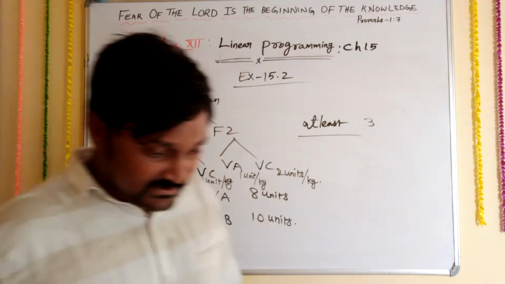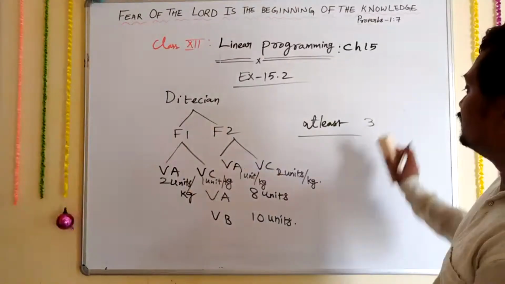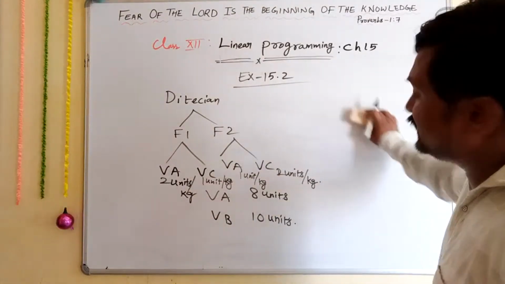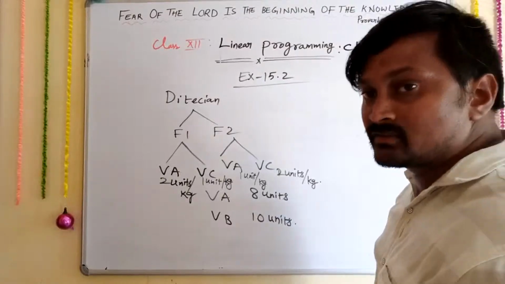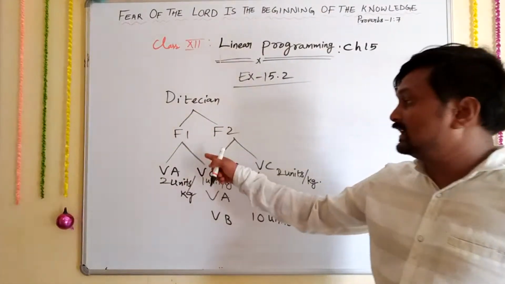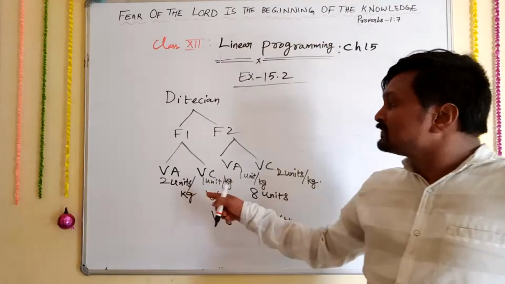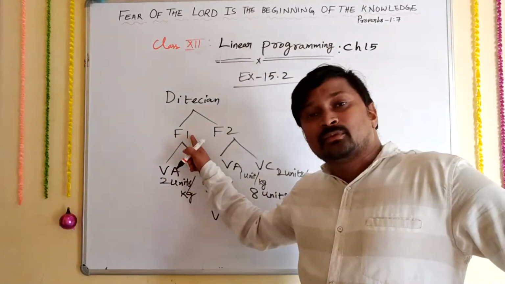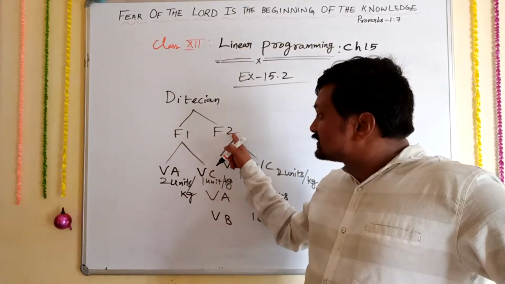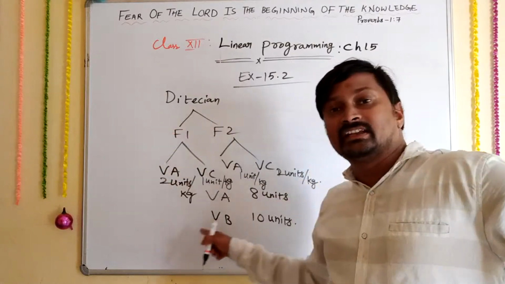For that purpose, let me start here. What is the meaning of at least? I hope you all understood. If you have understood at least, then we can go on. See here, carefully observe. How many kgs of food one and how many kgs of food two there are is not at all given.